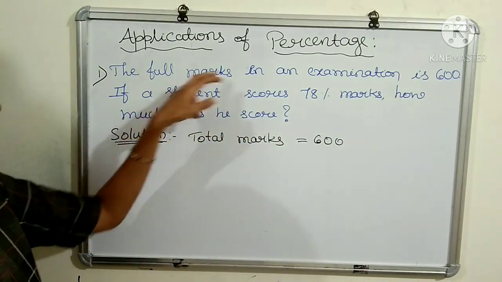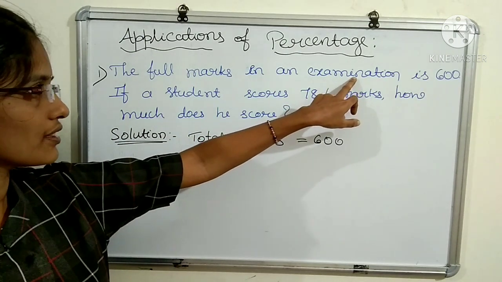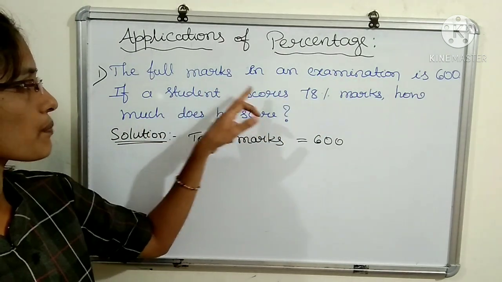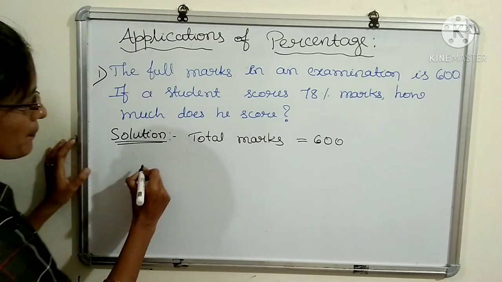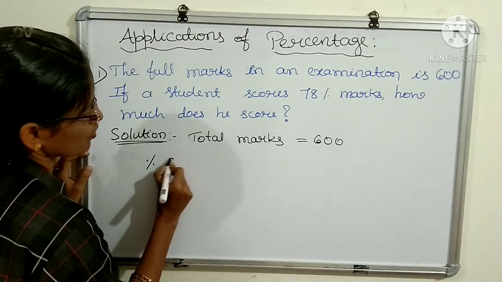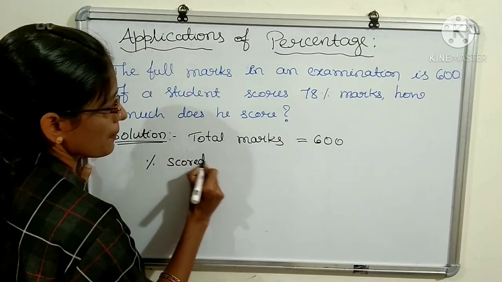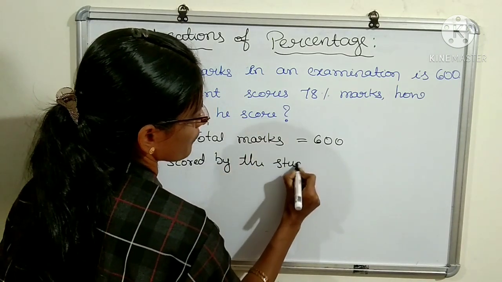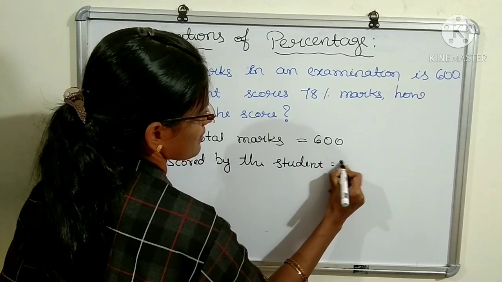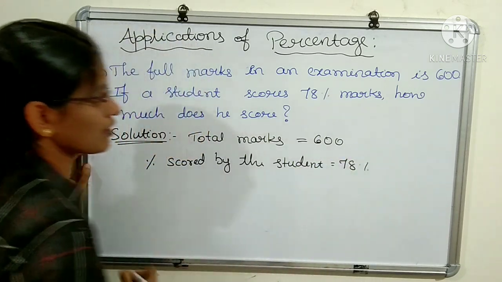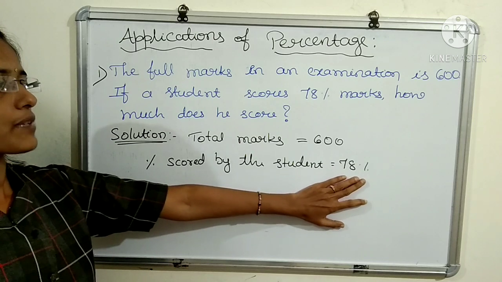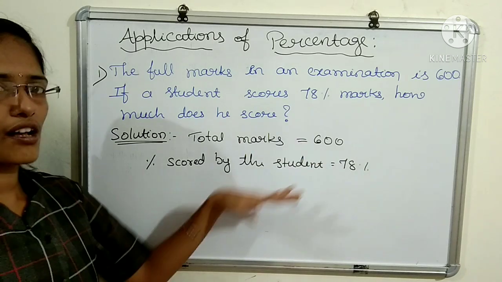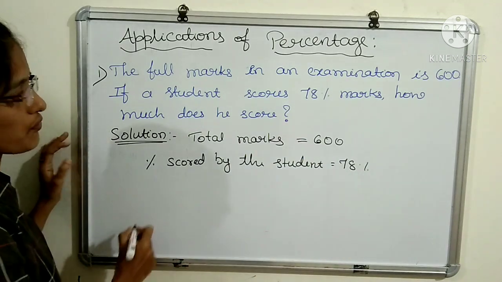Here the given is total marks, and the percentage scored by the student. How much? It is 78%. Then if 78% means marks how much? That we have to find.